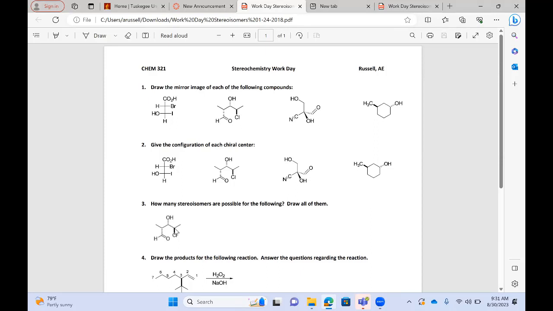The mirror image? Yes. So what would that look like? Let's draw that. Y'all bear with me with this touch screen. Would the mirror image look like this?